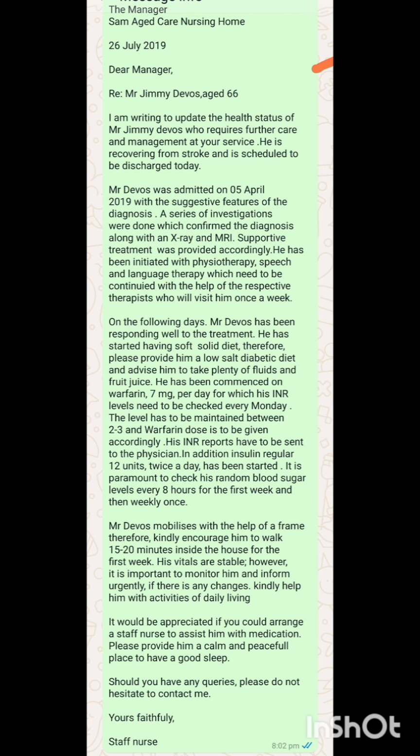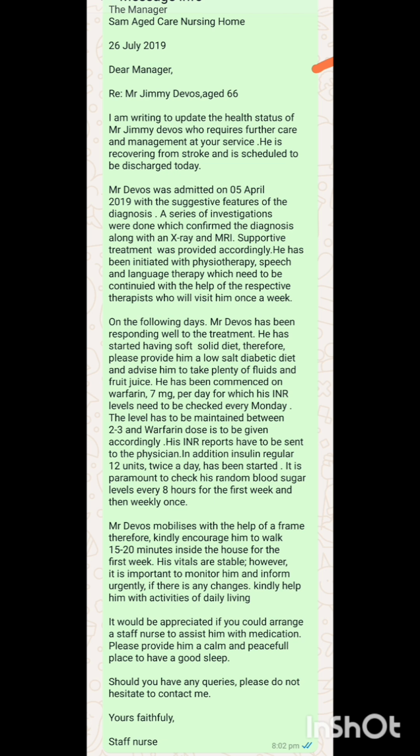In the next paragraph, we can write like this. On the following days, Mr. Davis has been responding well to the treatment. He has started having a soft, solid diet. Therefore, please provide him a low salt diabetic diet and advise him to take plenty of fluids and fruit juice. He has been commenced on warfarin 7 mg per day, for which his INR levels need to be checked every Monday.